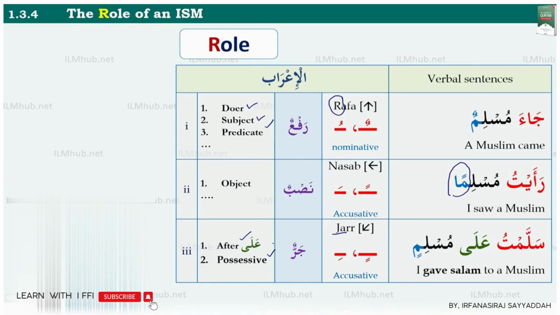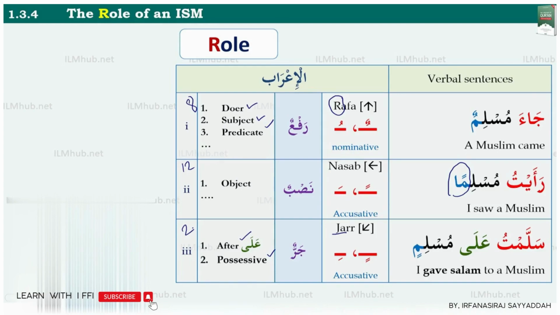Are there more roles than that? Yes. There are essentially, depending on how you categorize them, 8 roles that indicate that its i'rab will always be rafa. There are 12 for nasab, and there are only 2 for jar. Again, don't panic. All of this is discussed in detail in this course, and inshallah in the appendix of book 1 I've given you a summary of the entire subject. So this is the impact of role.